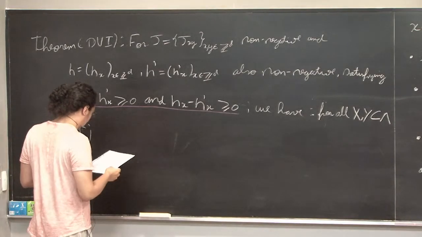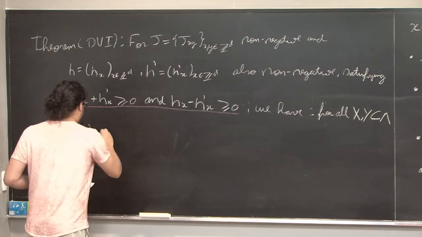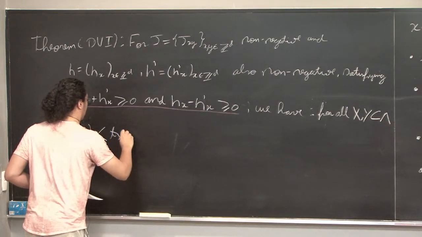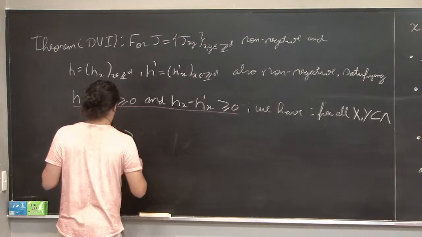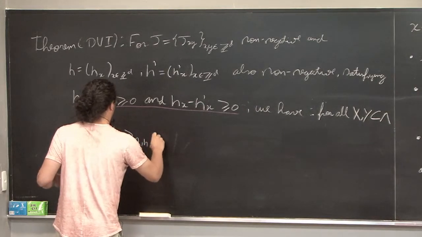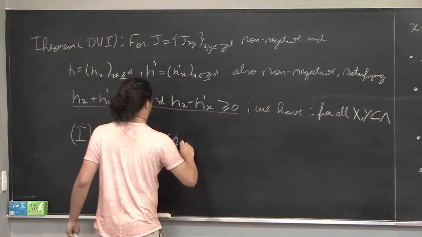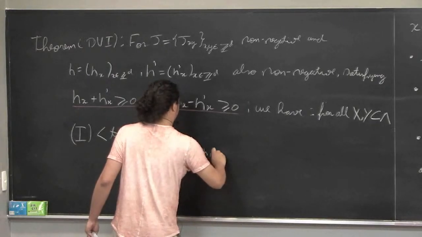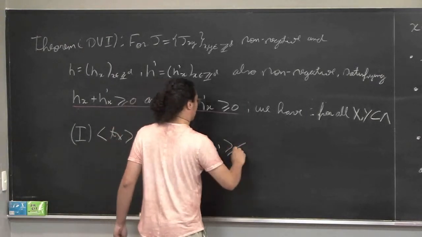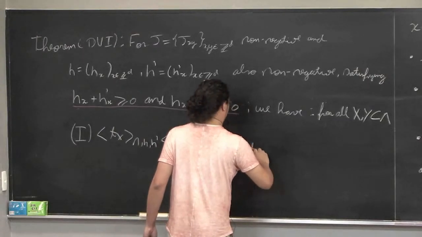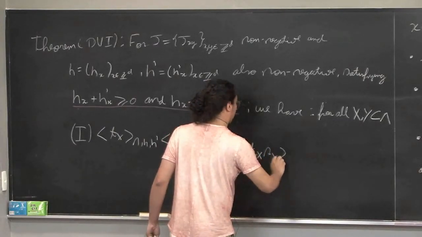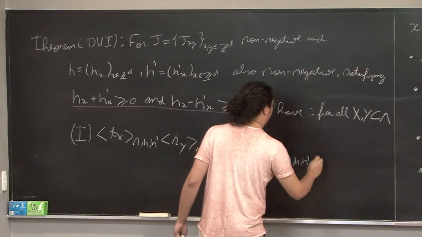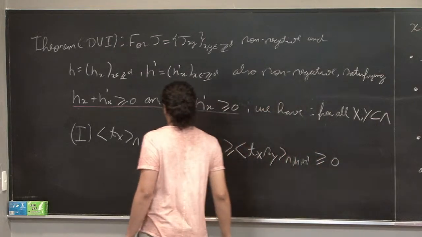First, this thing holds: T_x S_y at lambda, lambda prime, of h prime. This is bigger than the product T_x and S_y, again at lambda, h prime, and moreover, this is positive. This is the first inequality.